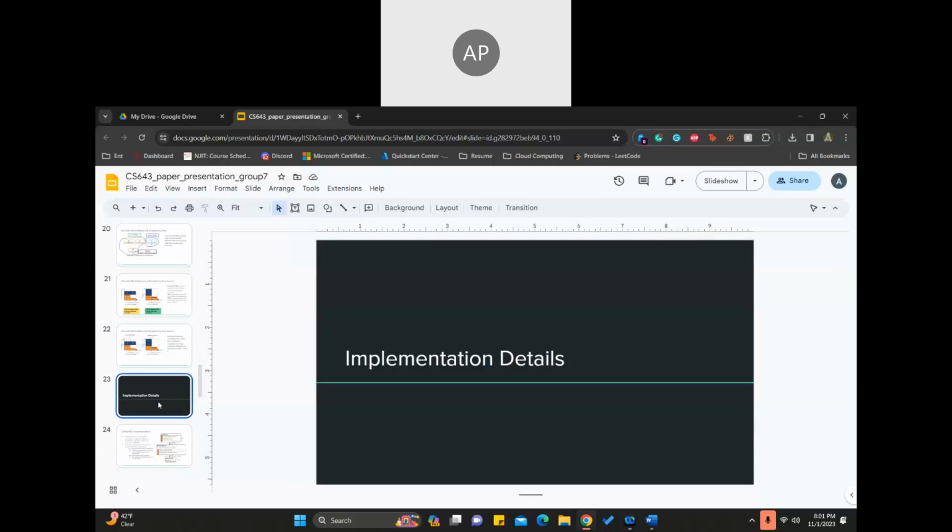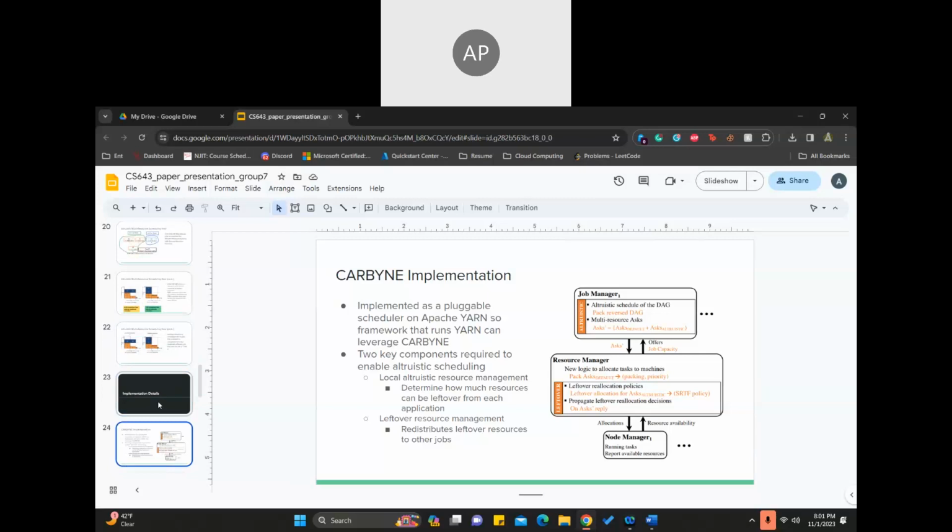Implementation details section. So in here, Carbyne can be implemented as a pluggable scheduler on Apache YARN, so that any framework that runs on YARN can leverage the scheduler.